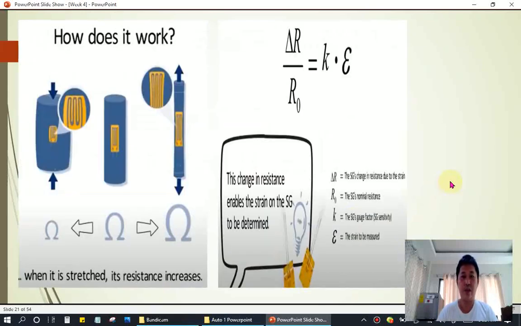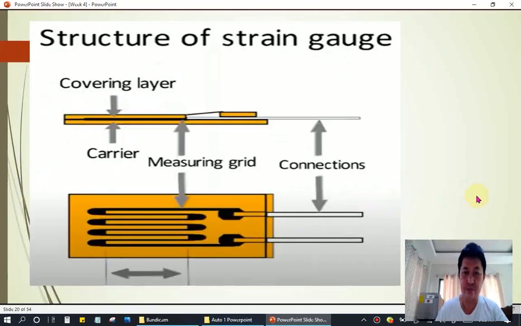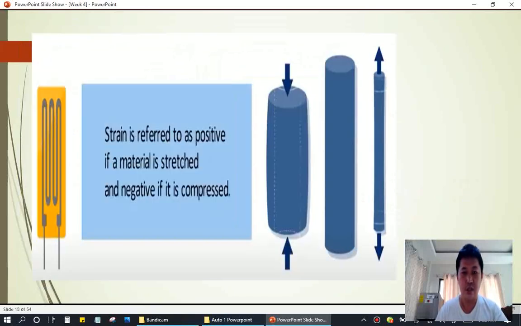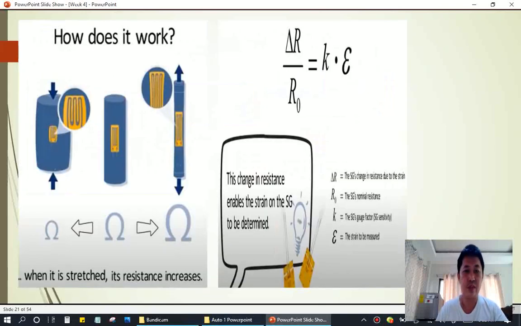So how does it work? As you can see, this one is compressed. So if it is compressed, it is negative, so it is decreasing.